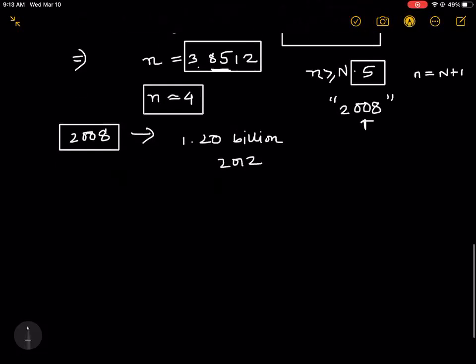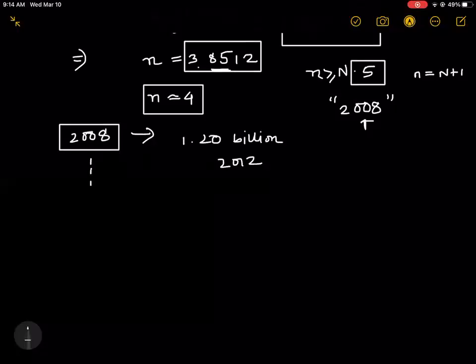So we can say 9, 10, 11, and okay. So should it be 2011 then? Because in 4 years, it will become 1.2 billion.